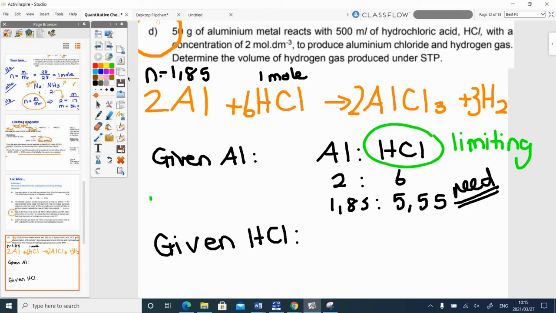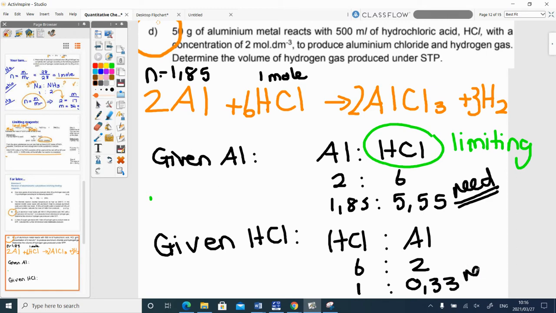If you did it this way around, just to show you that it doesn't matter, if we said HCl was given, then it's HCl to Al. The first one is from your balanced equation, so it's 6 to 2. I don't have 6, I only have 1. So it's going to be divide by 6 times by 2. So 1 divided by 6 times 2 gives me 0.33.